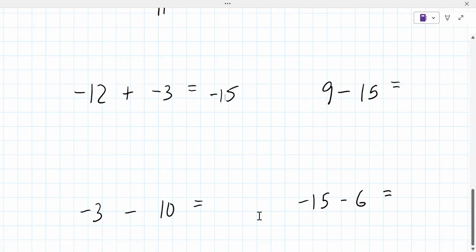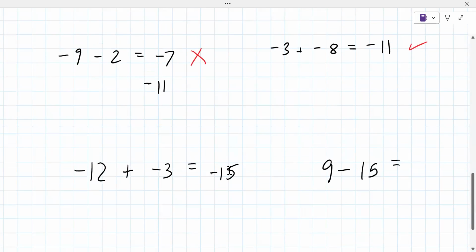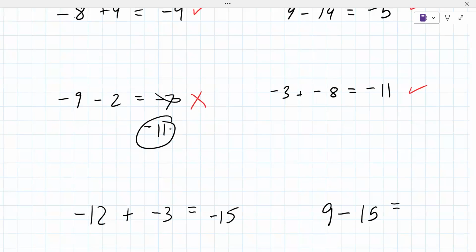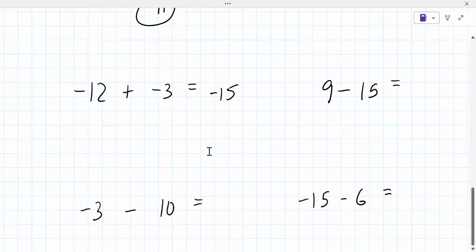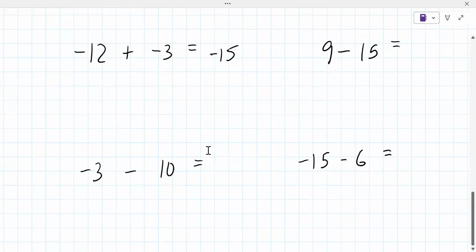Are you talking about the one on the right down here? Yeah, hold on. Those are the same sign: negative 15, negative 6. Last time where I said negative 11, was that right or wrong? Yeah, negative 11 is what's correct up here. Okay, that helps. Should be negative 21.